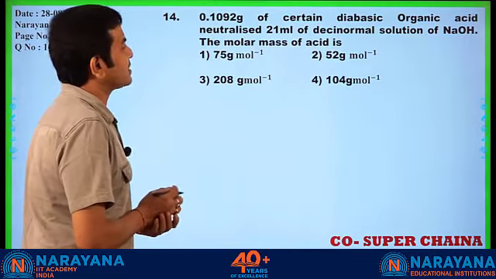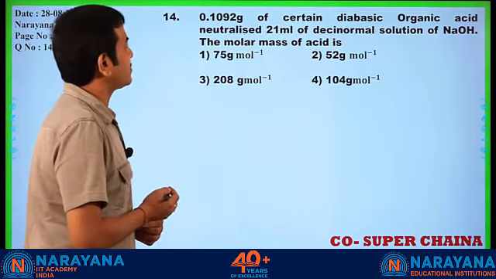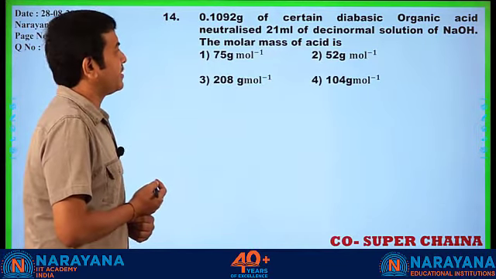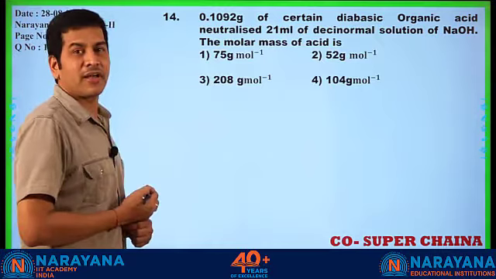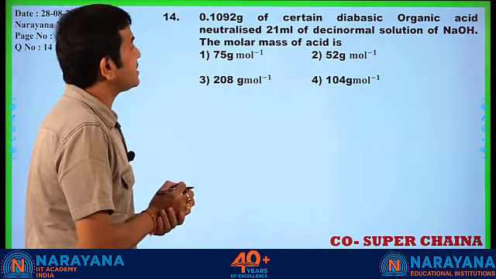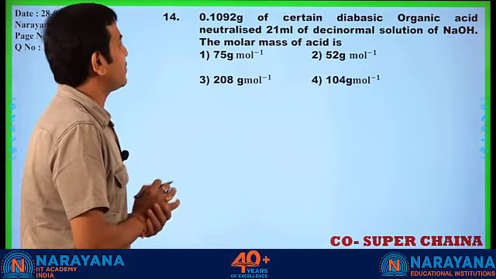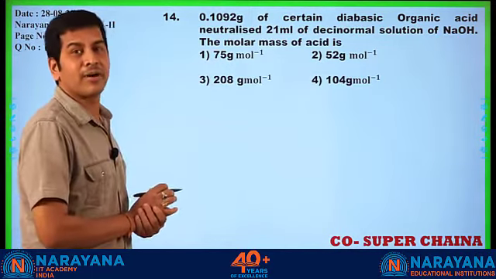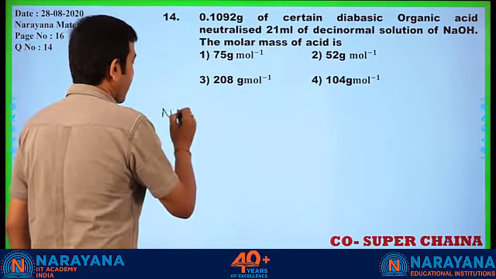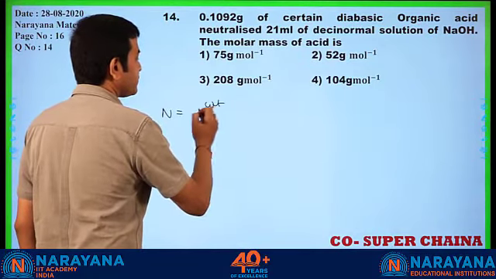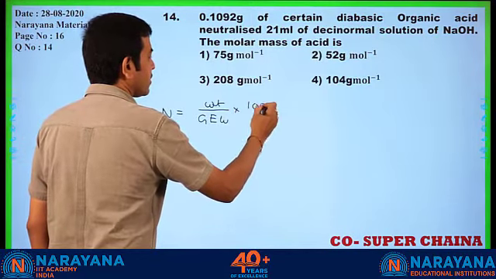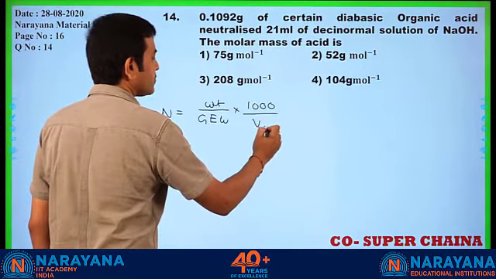0.1092 grams of a certain dibasic organic acid neutralized 21 ml of deci-normal solution of NaOH. The molecular mass of the acid is? Here normality is equal to weight by gram equivalent weight into 1000 by volume in ml.